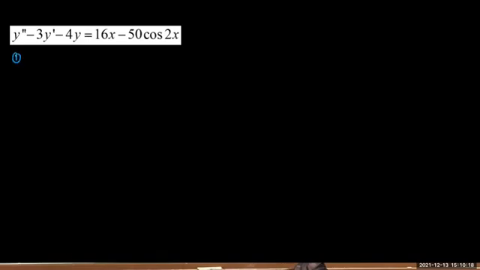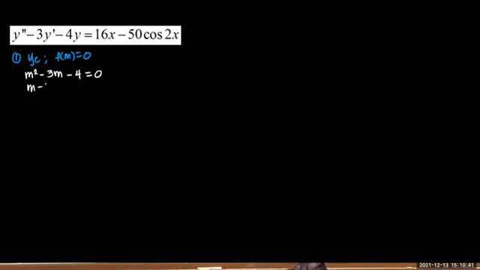So step number 1, we would want to solve for yc. How? By equating fm equals 0. So we'll get the auxiliary equation. That one, m squared minus 3m minus 4 equals 0, right?